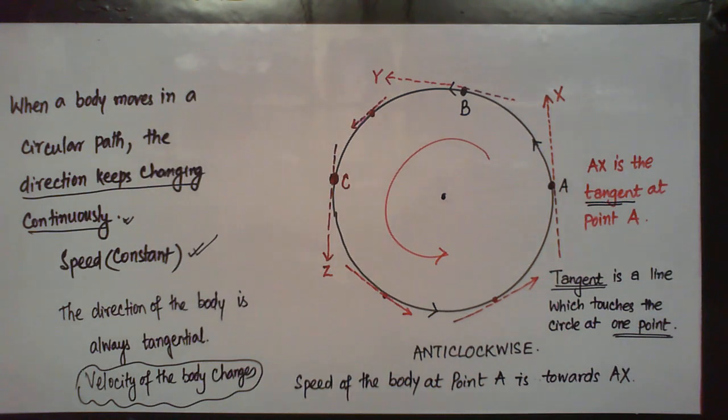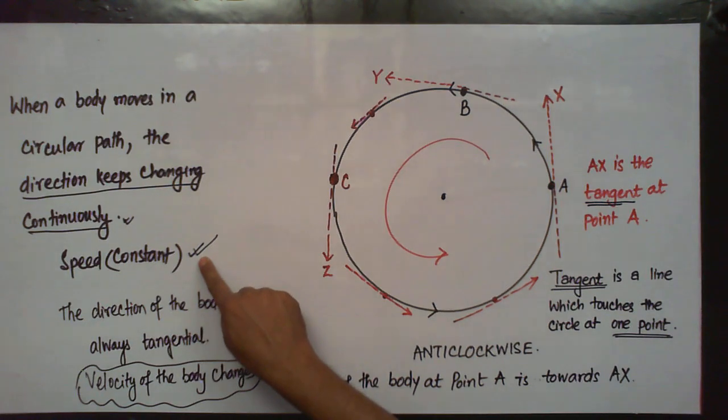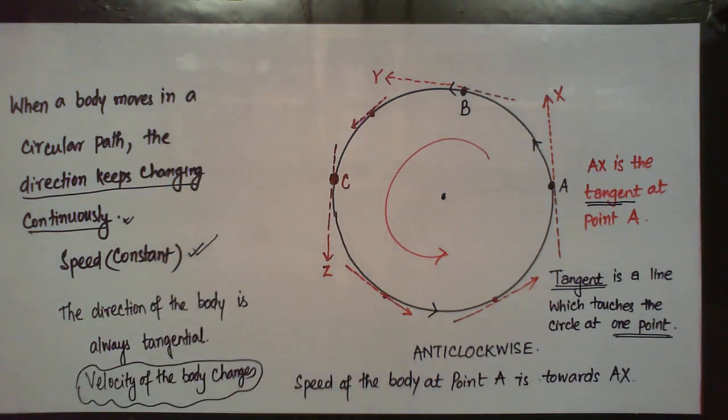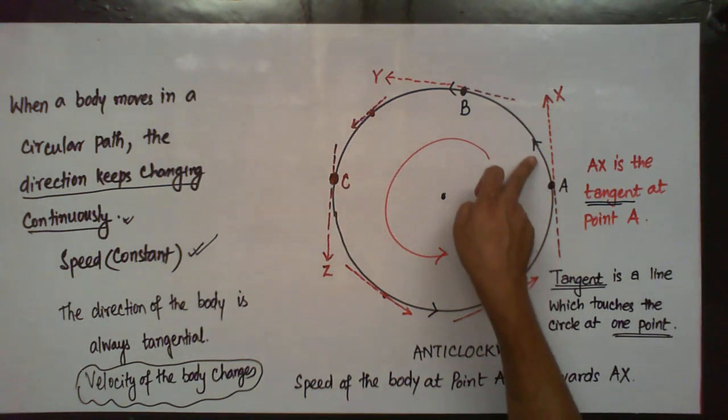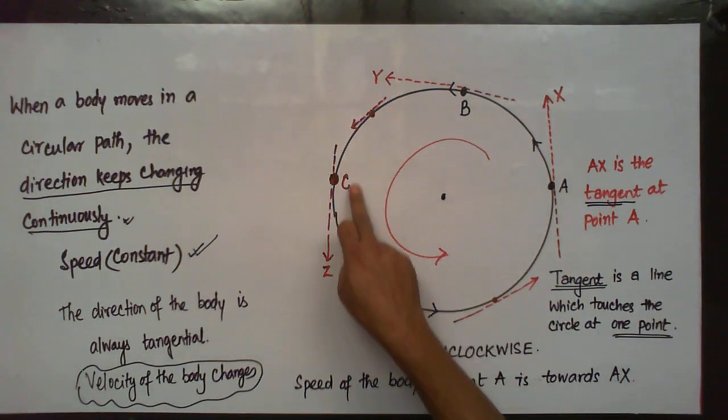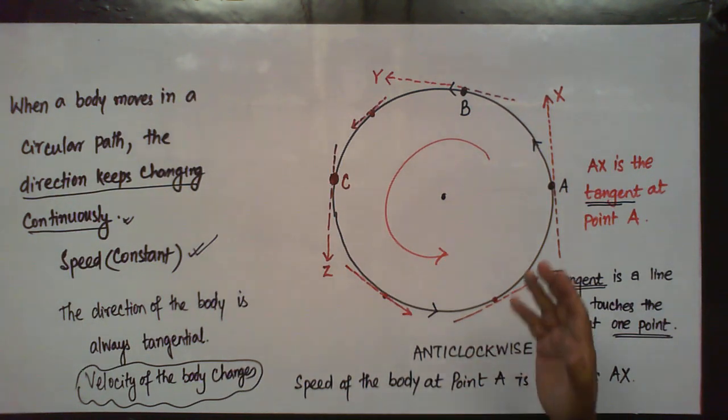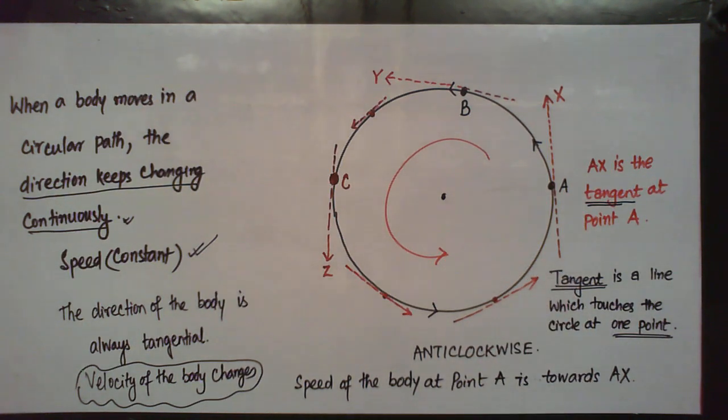So whenever the body is moving in a circular path, speed is constant, direction keeps changing, and because of the change in direction continuously, the velocity of the body is continuously changing at all the points in the circle. And if there is a change in velocity, we can say that the body has got acceleration.